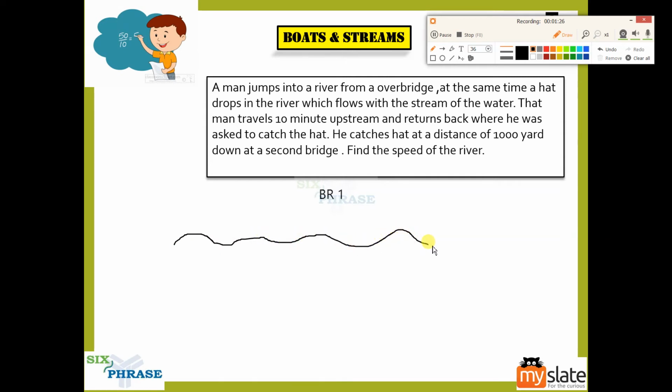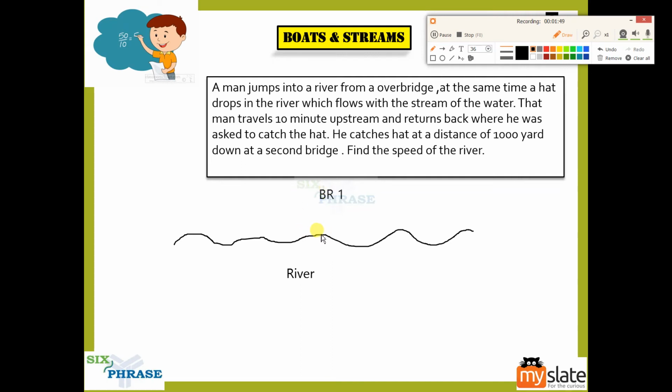So this is the river that we are talking about. Okay, and I'll mark it as river. Now what happens is this guy jumps from here to here, guys. So this is where he jumps. This is the bridge, right? So bridges will be on the top. So from the top he jumps into the river.